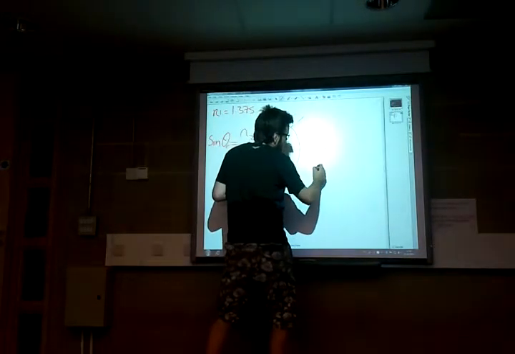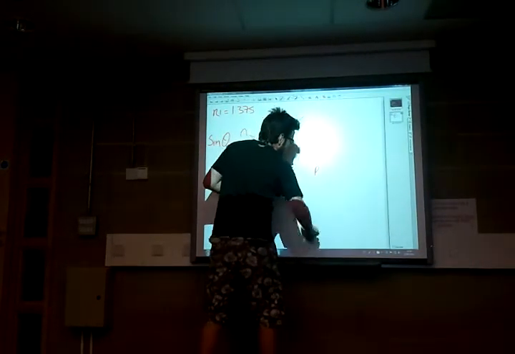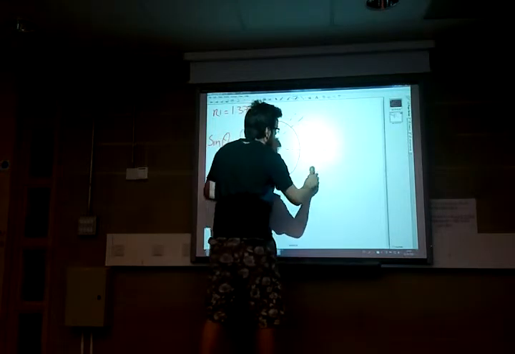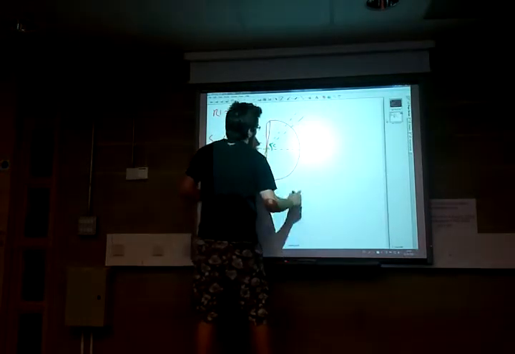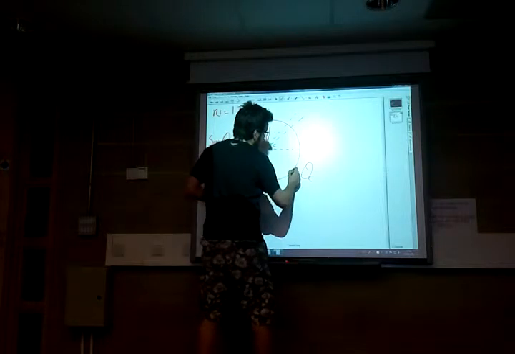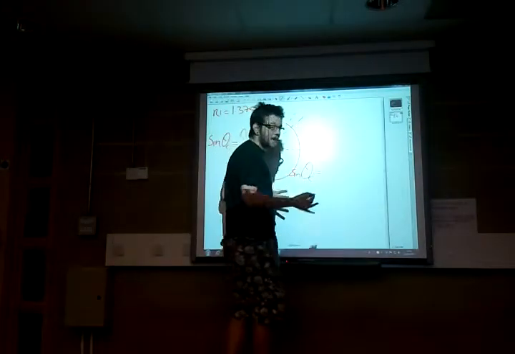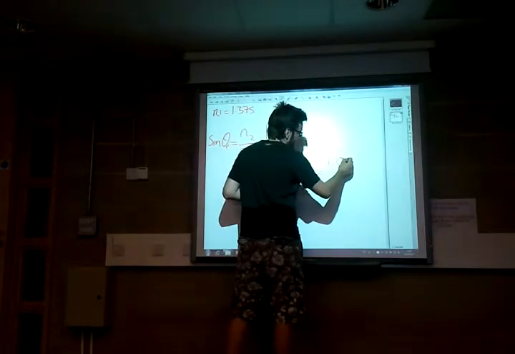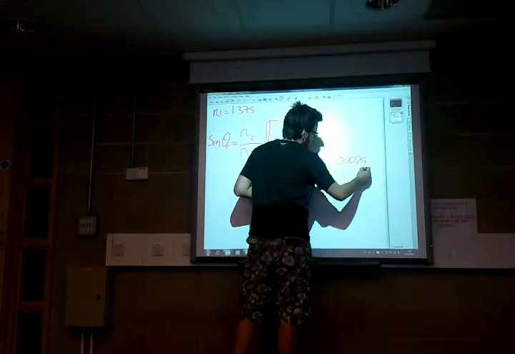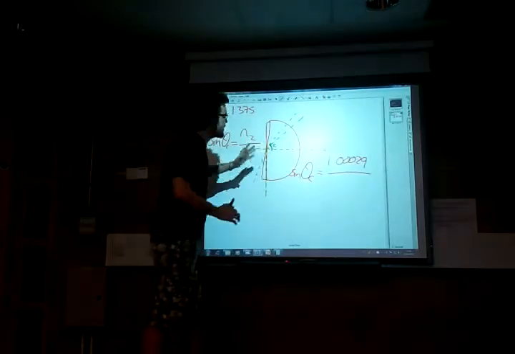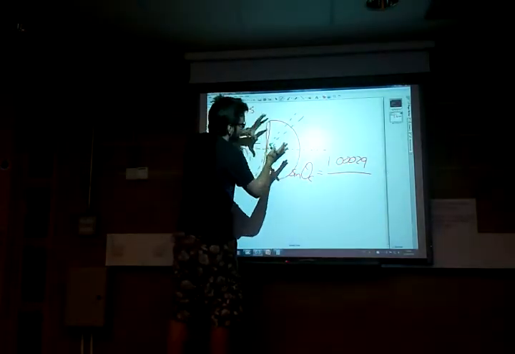So to work out our critical angle, the sine of our critical angle is equal to the refractive index of air, which is 1.00029, divided by the refractive index of the material that it's going into.